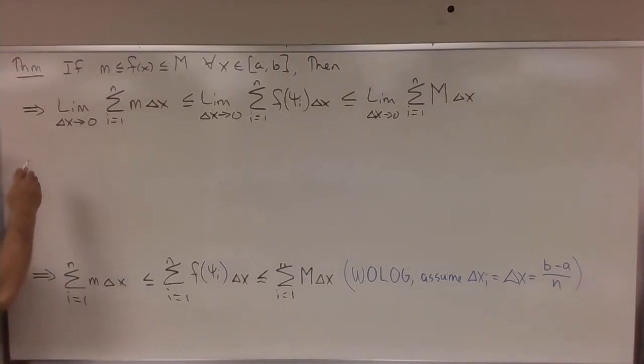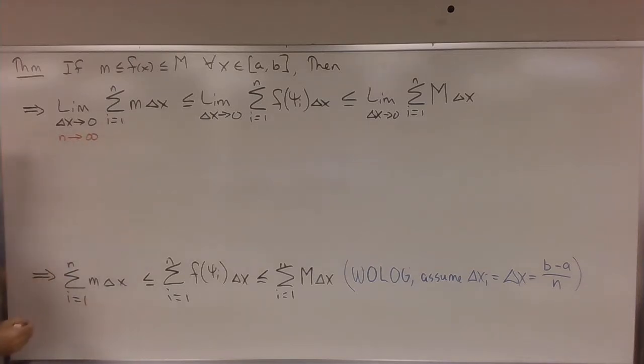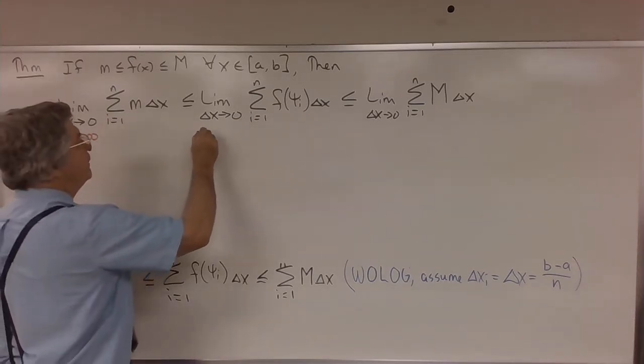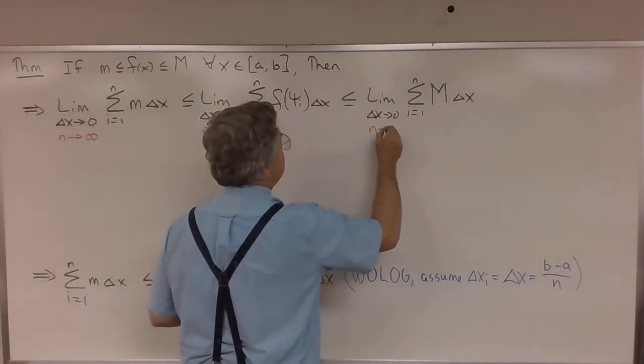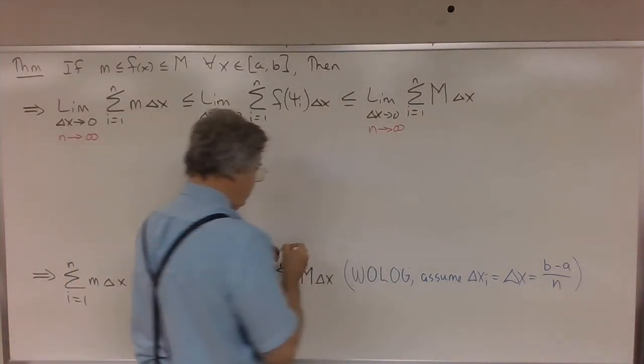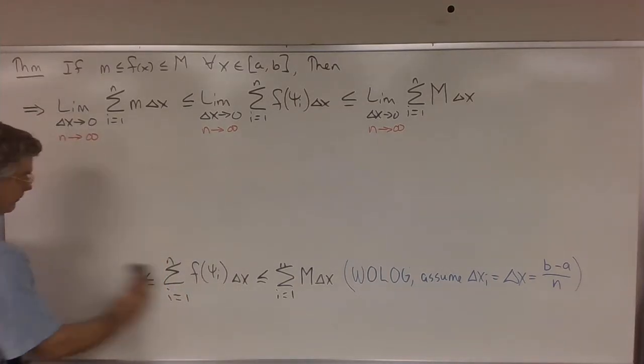So as delta x goes to 0, the number of rectangles goes to infinity. I'm doing this just so that we understand what's going on.